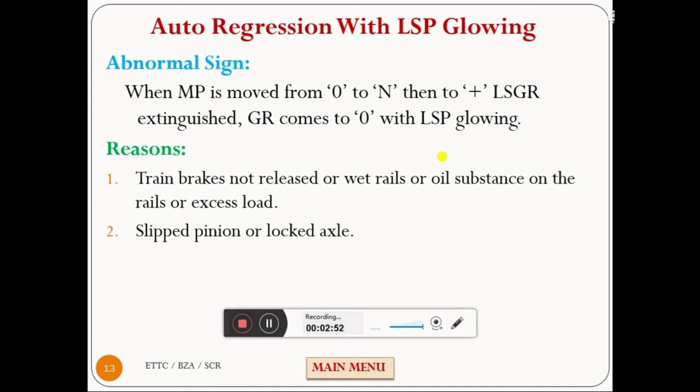The two TMs on which the QD is connected, that is QD1 is connected on TM2 and 3 branches, and QD2 is connected on TM4 and 5 branches. So any of these 4 TM pinions, if it slips, it leads to this traction failure.